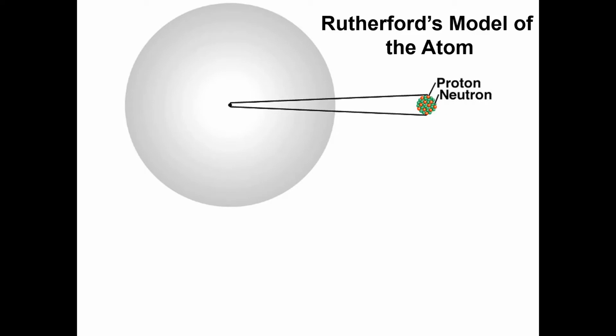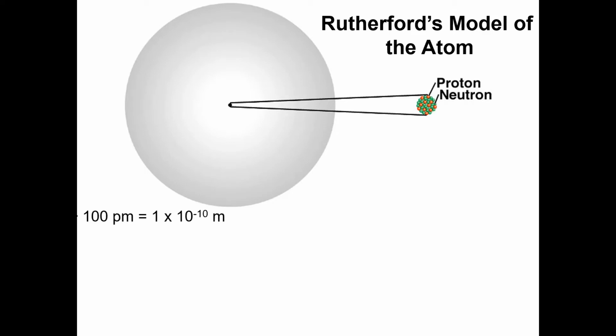Let's go back to something we learned back in Chem 1A. In the beginnings of the 20th century, we had a picture of the atom that was based mainly on the model of Rutherford as a result of his experiments. And that was that the atom, as small as it was, had an even smaller nucleus consisting of protons and neutrons, and then electrons spread out in a comparatively vast amount of space.